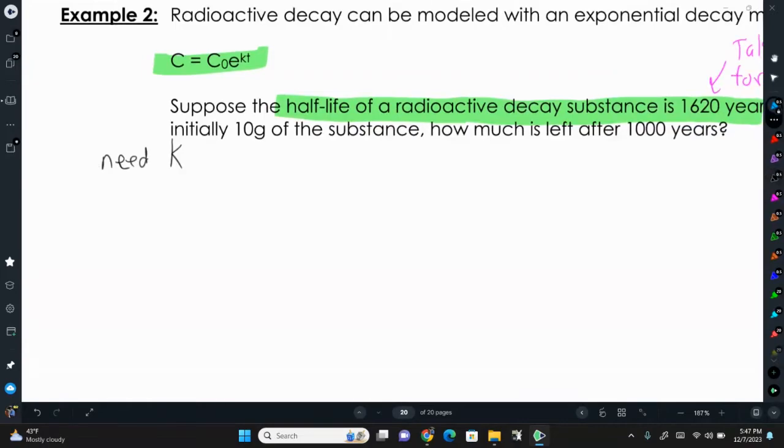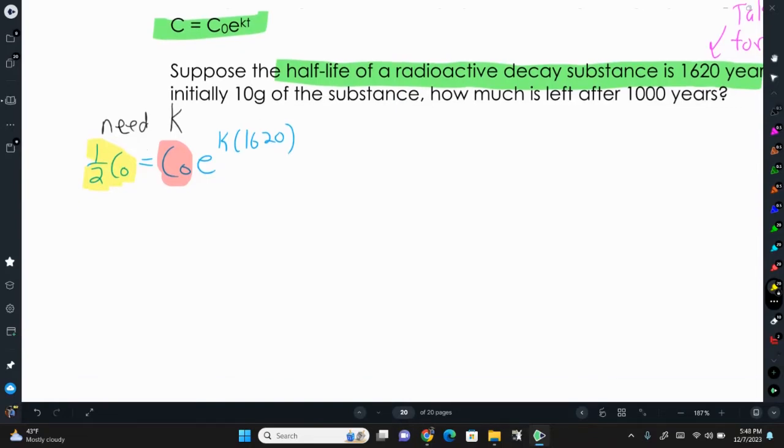So we don't know what C is, but we know that if we have 1/2 of C naught, or the original amount, we could rewrite this as this right here. Because remember, this C naught is what we started with, and what we'll end up with is half of that after 1,620 years.